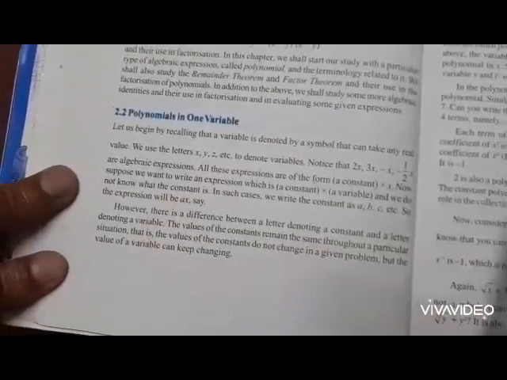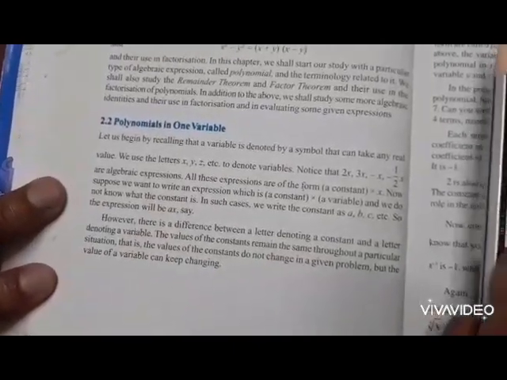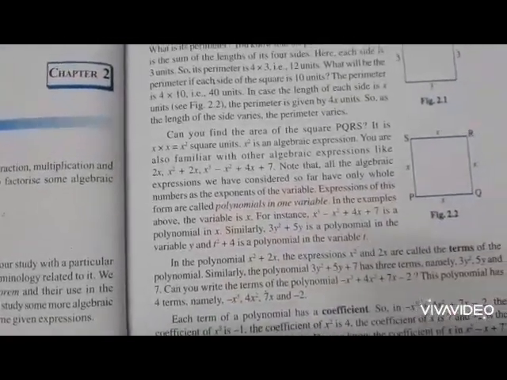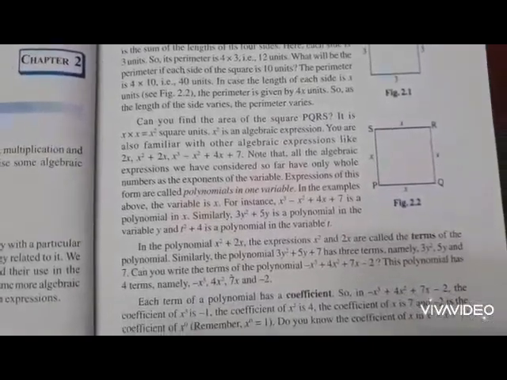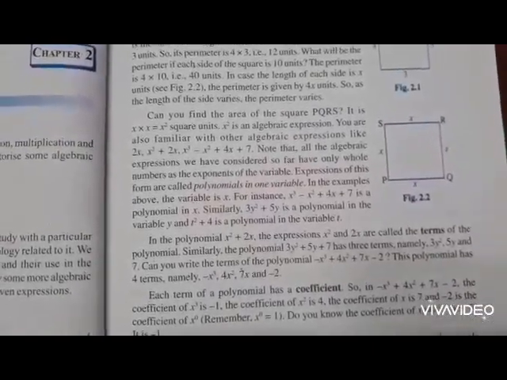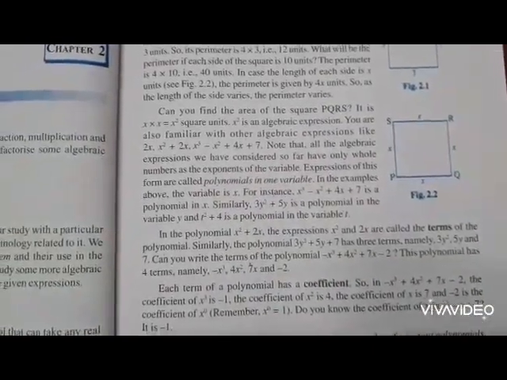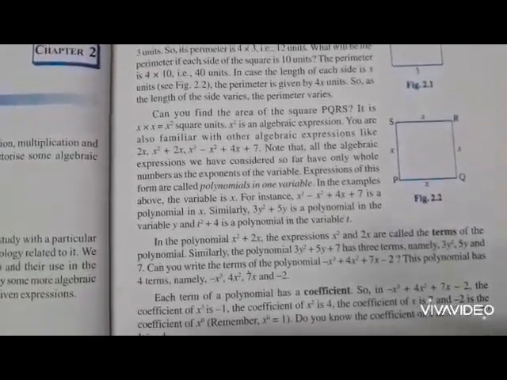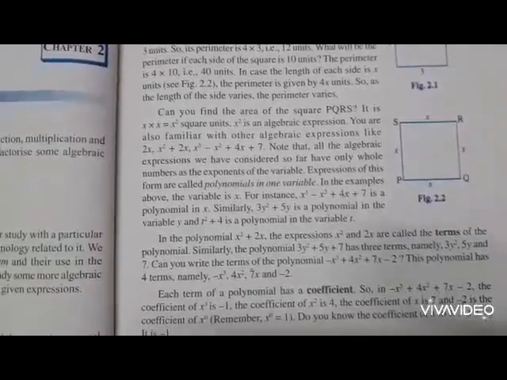You can make algebraic expressions of any number of terms. If it is a single term, for x you can say, for y you can say, or 2x, or 2p, or 3y square. These are all algebraic expressions of only one term. Only one term is there.